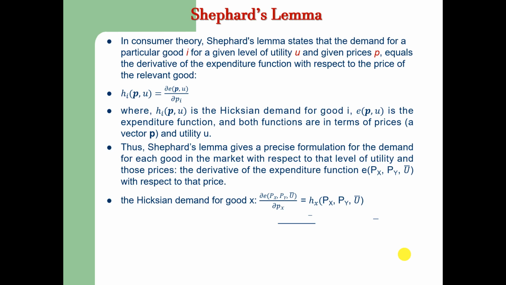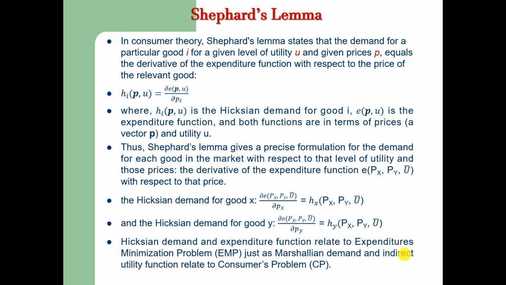So this is the Hicksian demand for good X. Similarly, the partial of the expenditure function with respect to price of Y is the Hicksian demand function for commodity Y, and that is a function of price of X, price of Y, and the constant utility. Hicksian demand and the expenditure function relate to the expenditure minimization problem, EMP, just as Marshallian demand and the indirect utility function relate to the consumer's problem.